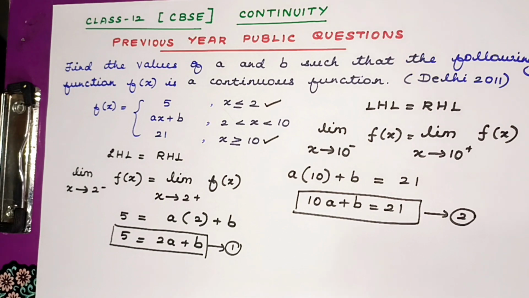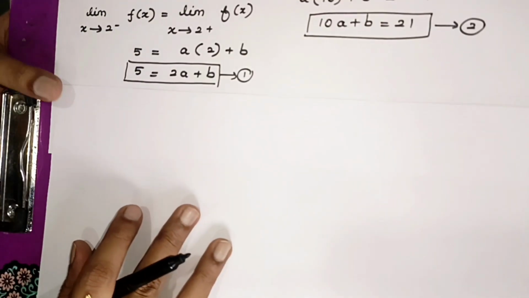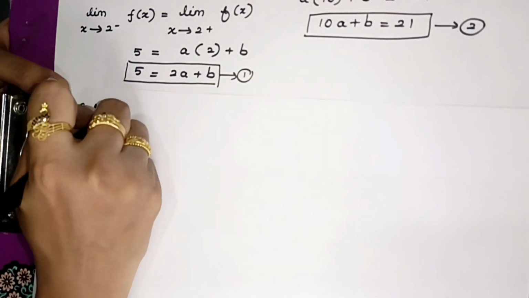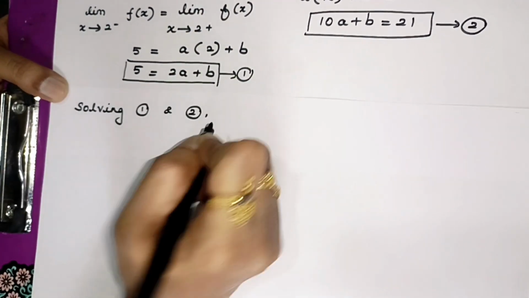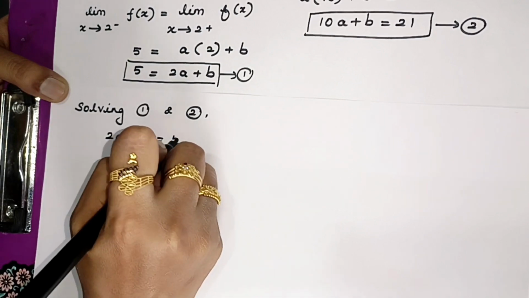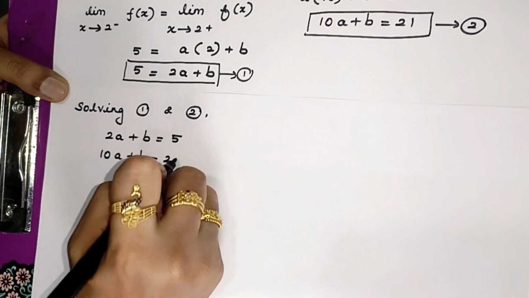Now we are going to solve these two equations, 1 and 2. 2a plus b equals 5, 10a plus b equals 21.